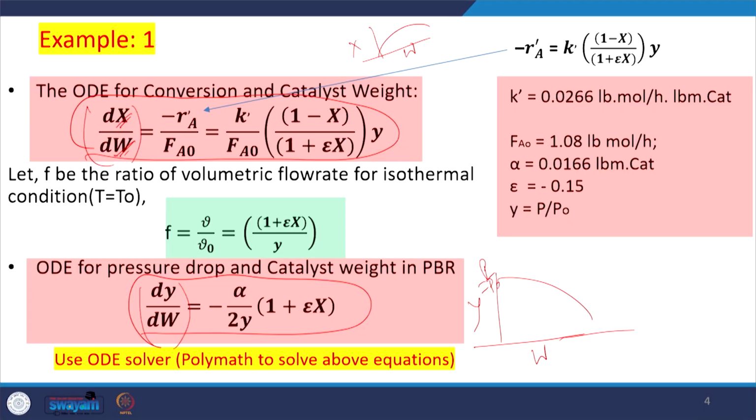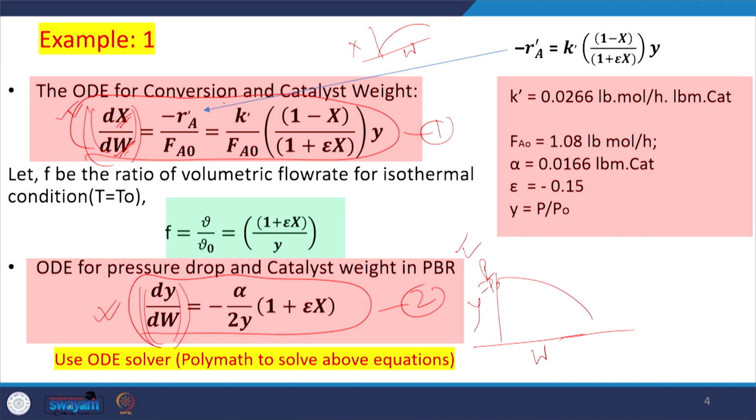Now for this particular problem, we will evaluate this by using ordinary differential equations. For this example, we have equation 1 and equation 2, the two ordinary differential equations, with dX by dW and dy by dW on the left-hand side. By changing the catalyst weight, pressure and conversion both will change.